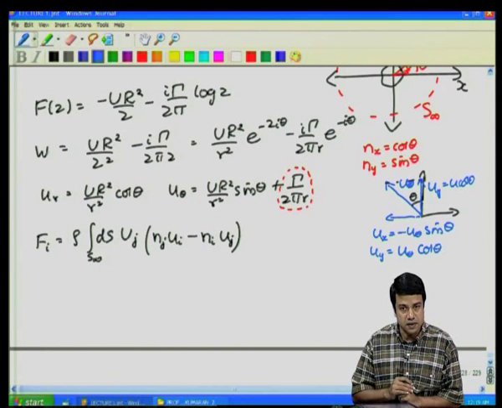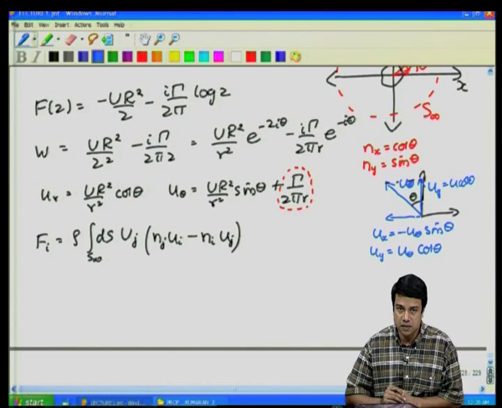So, if I want the force in the x direction, then I is also x and j is also x, because the direction of the force is I, and the direction of the velocity is j. If I want the component of the force along the velocity vector, then I is x and j is x.